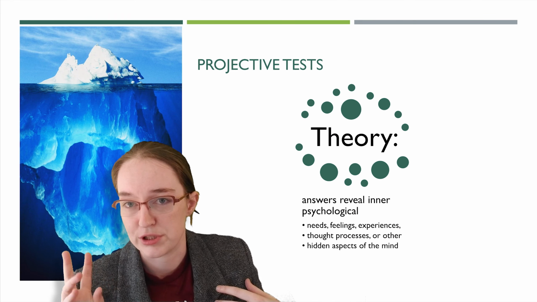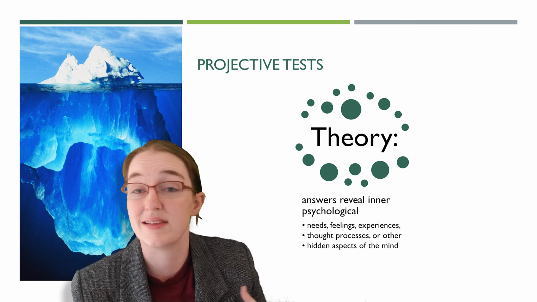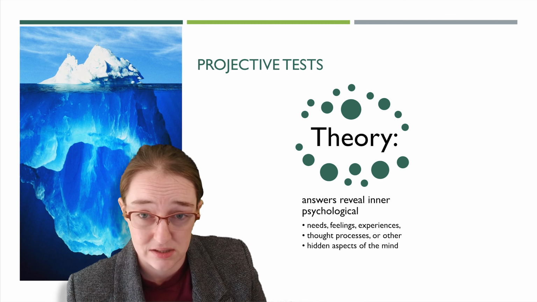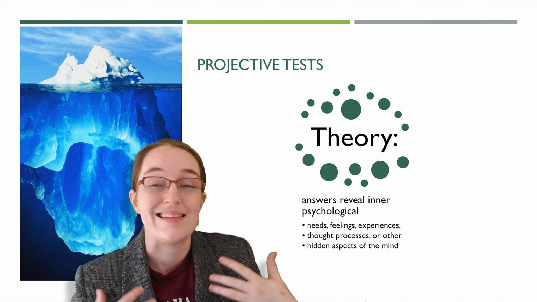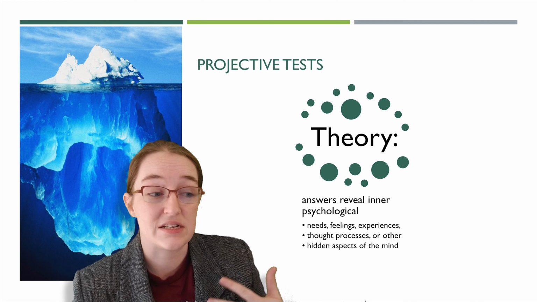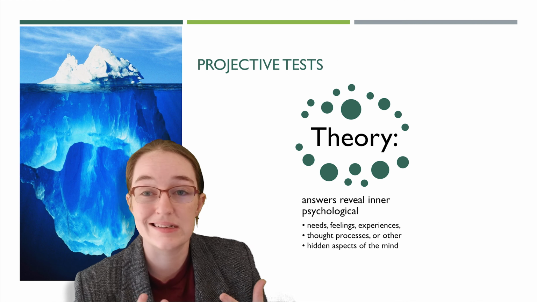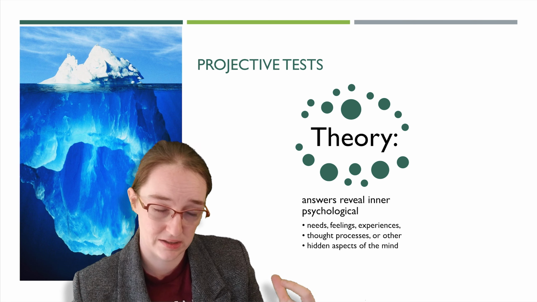A test presents a person with an ambiguous stimulus and asks him or her to describe what is seen. The person may or may not be aware of their inner processes, but the idea is that your answers reveal inner psychological needs, feelings, experiences, thought processes, or other hidden aspects of the mind.